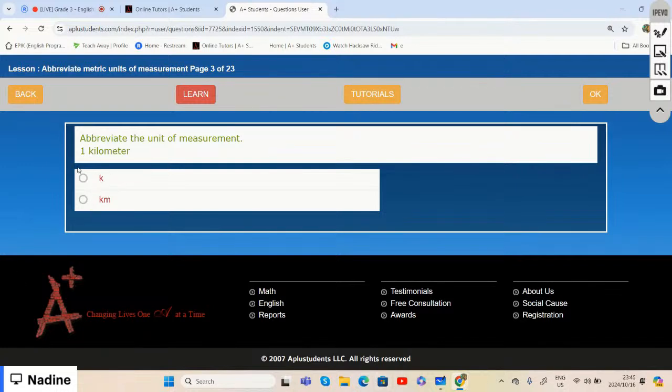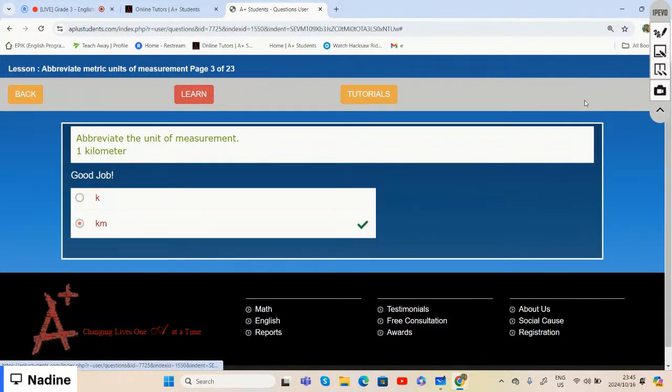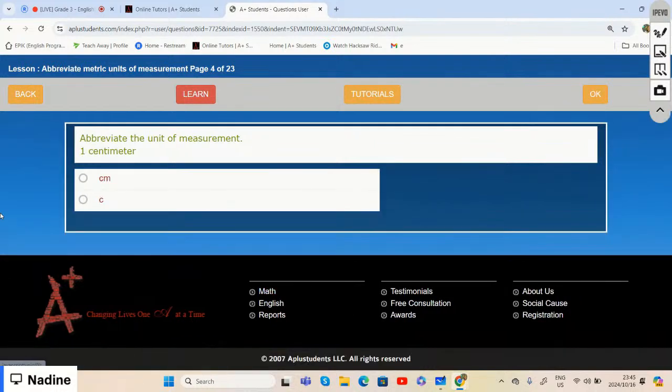All right. And if we were to abbreviate kilometers, we would say option 2. Well done. KM is kilometer. All right. One more and then we're done.